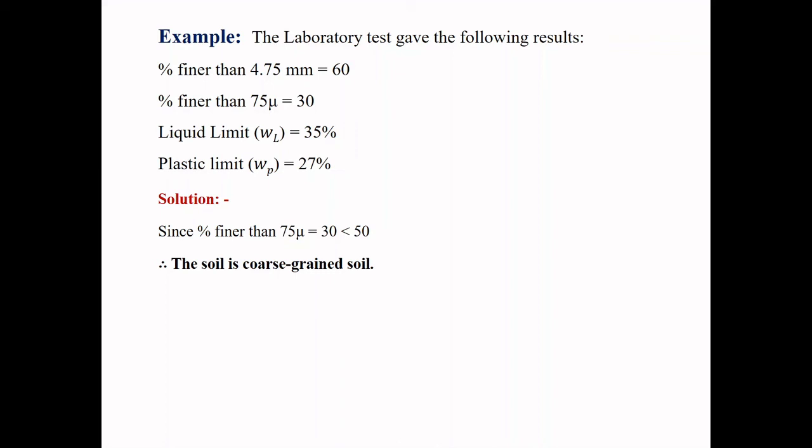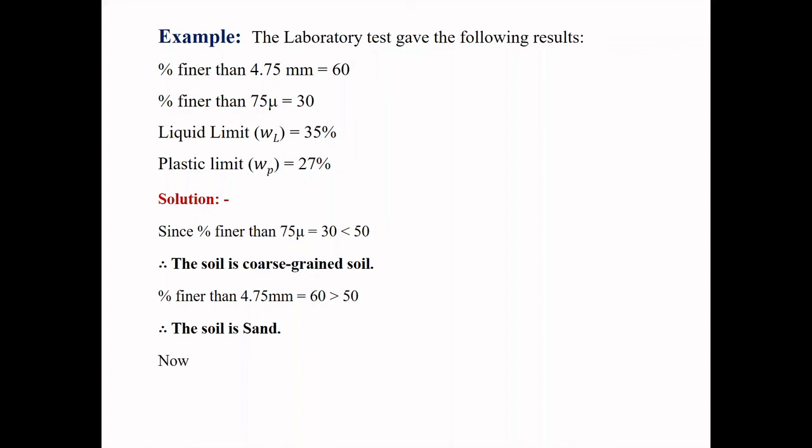If the soil is coarse grained, it can be sand or gravel. For that purpose, we'll see the percentage passing 4.75 mm sieve. The value is 60, which is more than 50%. Hence, the soil is said to be sand.